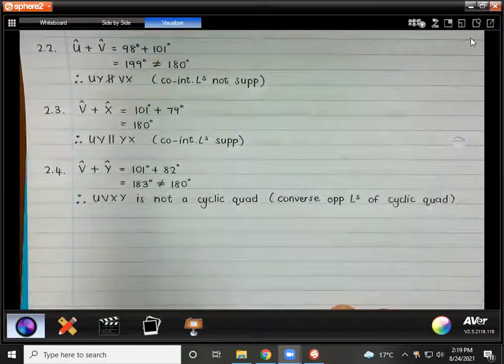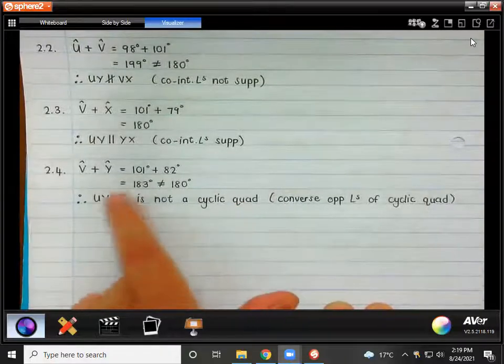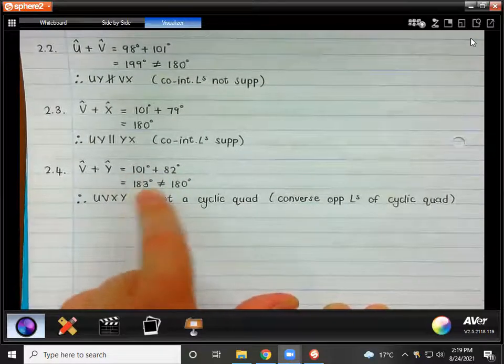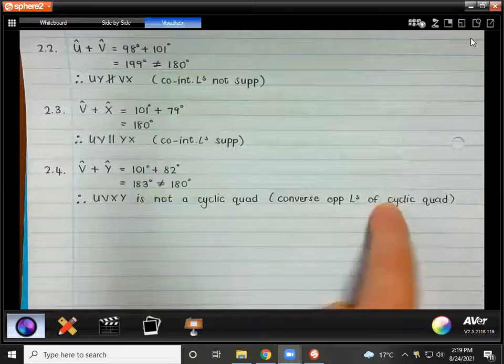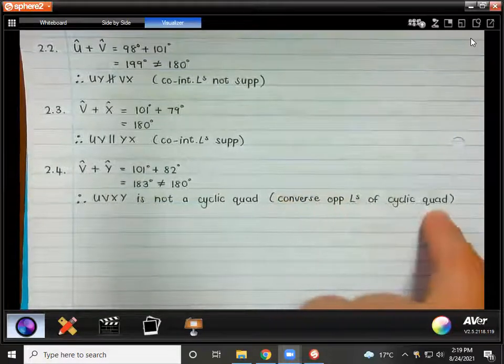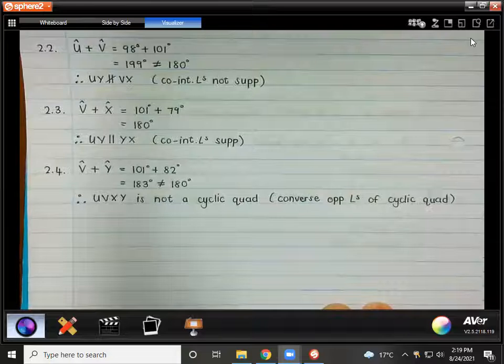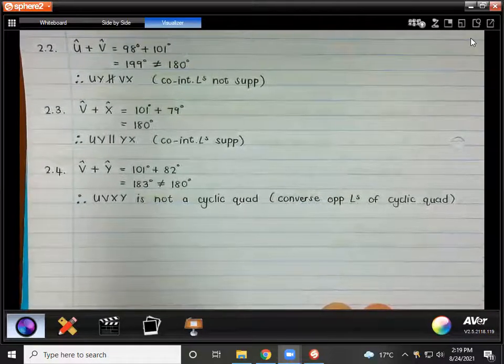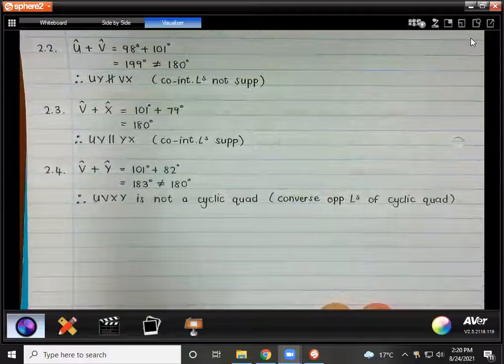If they're asking us to prove whether it's a cyclic quad or not, we're checking if they equal 180, and then our reason, whether it's a cyclic quad or not, we always have to say converse opposite angles of cyclic quad. That reason is important. If the word converse is not there, you're not going to get the mark.